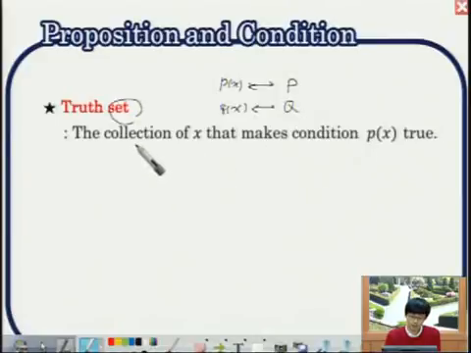When this is satisfied, you say the truth set of p(x) is large P. This is the name of the set. Okay?